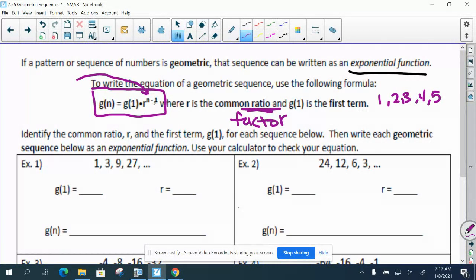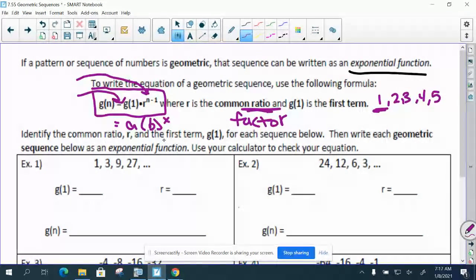So we subtract 1 from the exponent so that the first term is 1 and not 0. This is kind of like the function a times b to the x, where a is g of 1, b is r, and x is n minus 1.